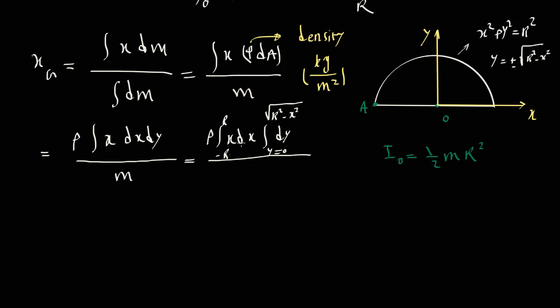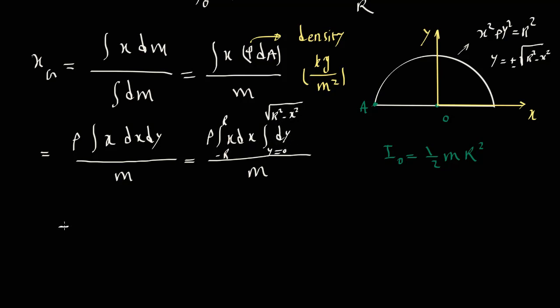So you can see that this integral would turn out to be 0, and therefore the whole thing would be equal to 0. So the x component of the center of mass would be 0 without actually doing the integration. Actually, it is not accurate to say that, because we have to do this integration first.